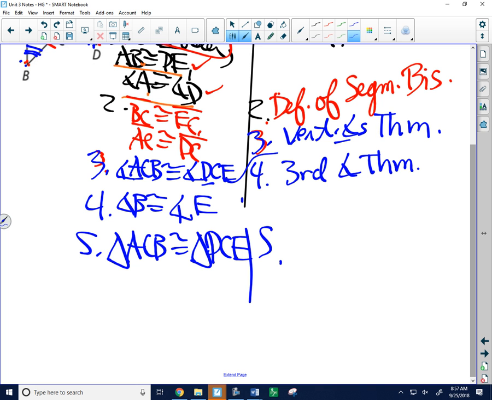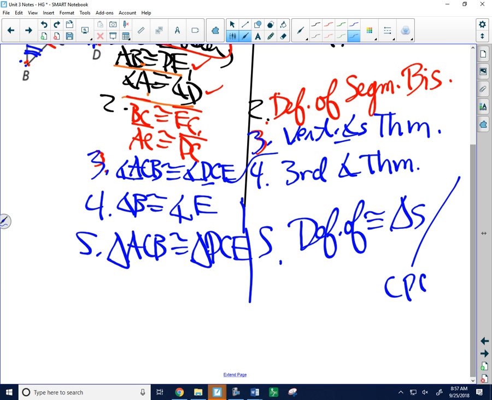And this is what I said at the top. You can write definition of congruent triangles, or you can write CPCTC. It's up to you. I'll put both here, just so you know. Congruent triangles, or you could have put CPCTC, because this means all six sides and angles are congruent.